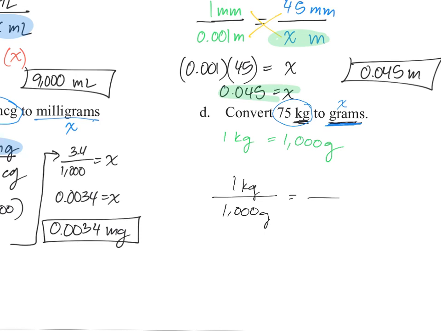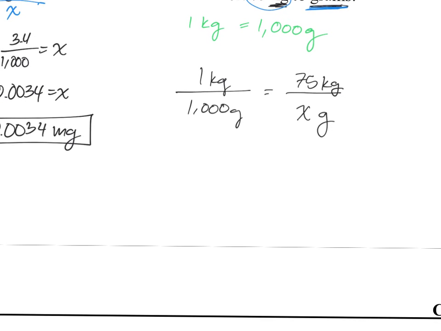And putting that in, remember matching them up. So the kilograms are going to be on the top, and the grams, which we don't know, are going to be on the bottom. So let's go ahead and solve this. Cross multiplying, and dropping the units, I get x equals 75 times 1,000.